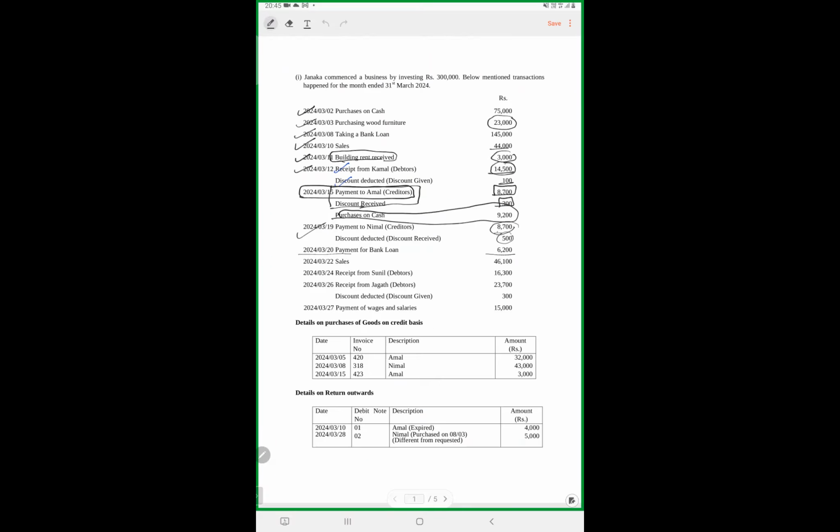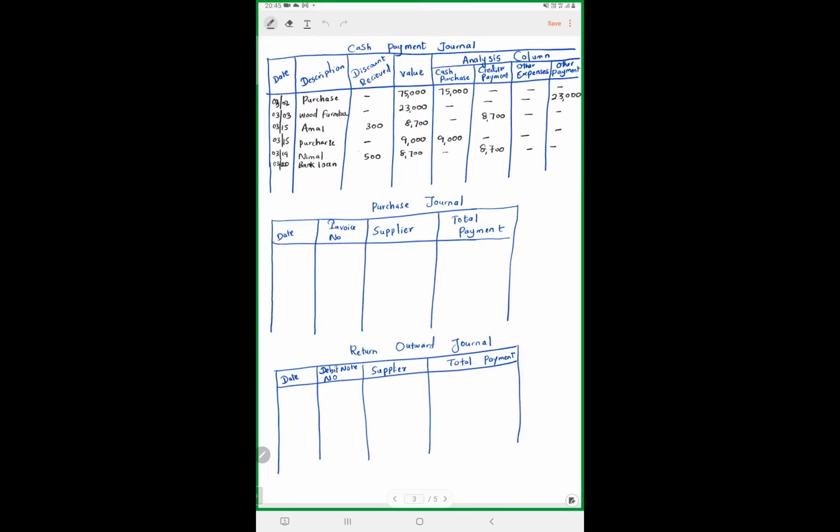How much we are paying? 6,200. So we are not receiving the discount. This is not the cash purchase, credit payment or other expenses. We are recording this under other payment, 6,200.